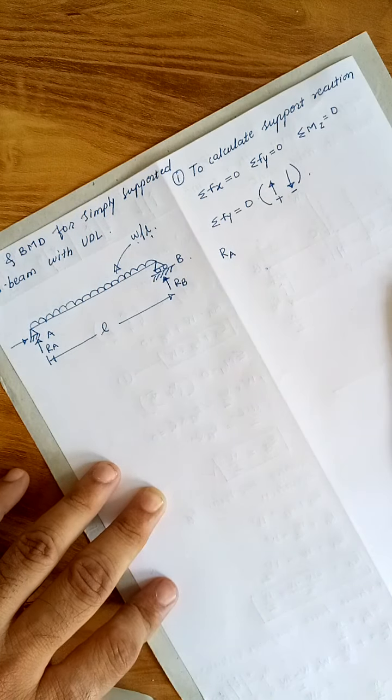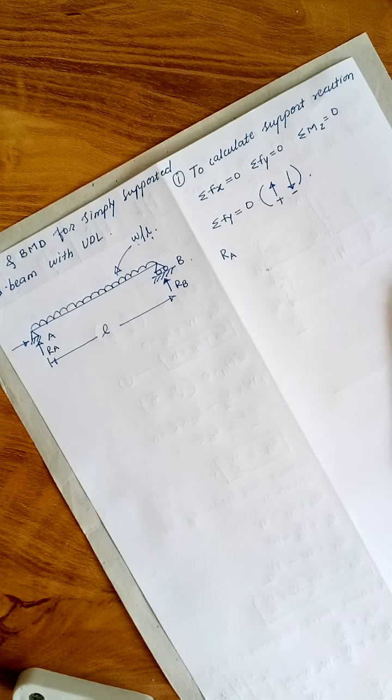If you have a 5 meter length, then on every meter there will be a load equal to W. So the total load acting on the beam will be 5 multiplied by W, that is 5W. Like that, on this beam W is acting per unit length, over the whole length of the beam.